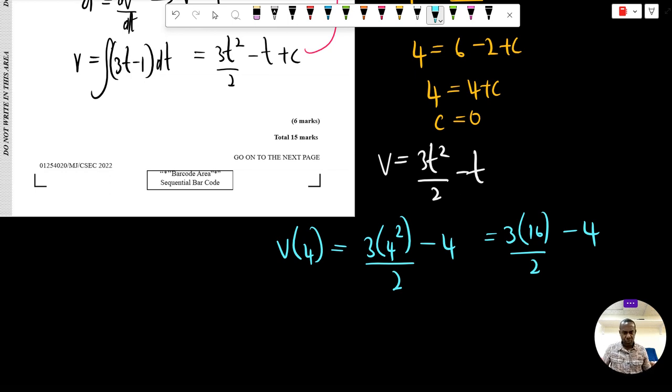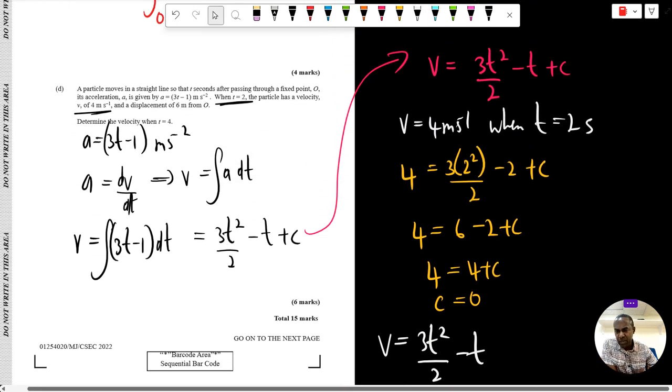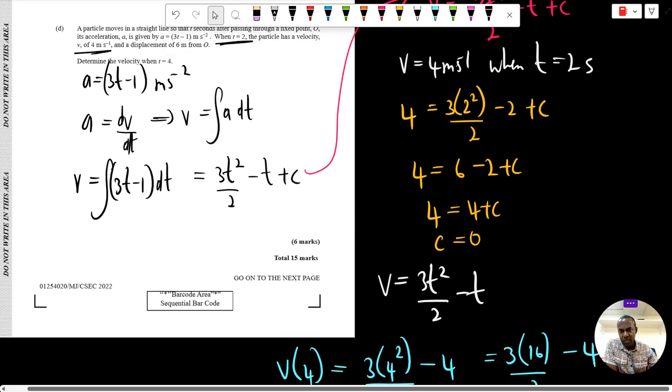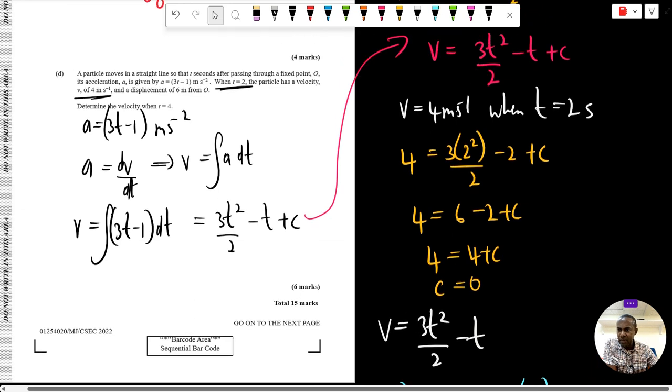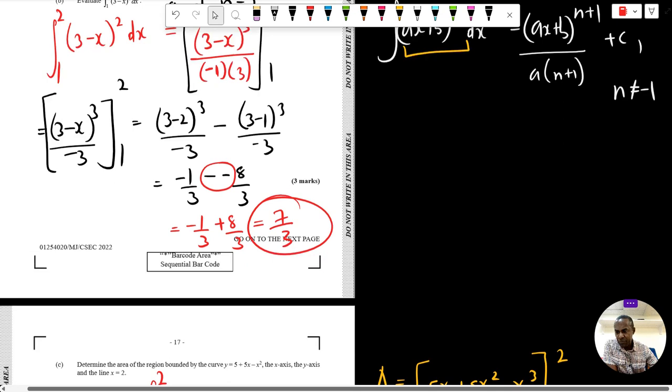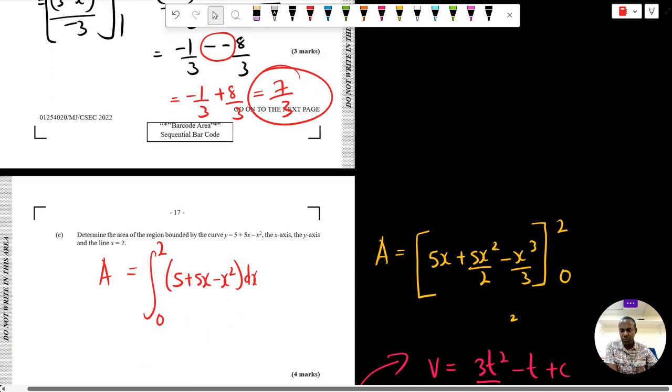And 24 minus 4, then that gives us 20 meters per second. All right? And so therefore, the velocity of this particle is equal to 20 meters per second at 4 seconds. All right? So this is the end of question 5 and of course section 3 from May-June 2022, paper 2 of CSEC Admaths.